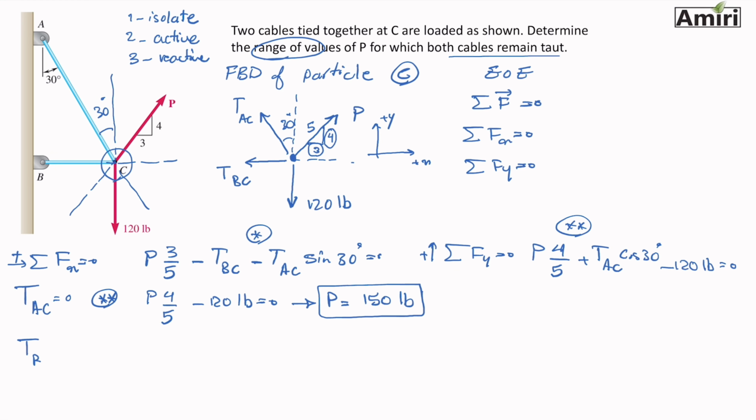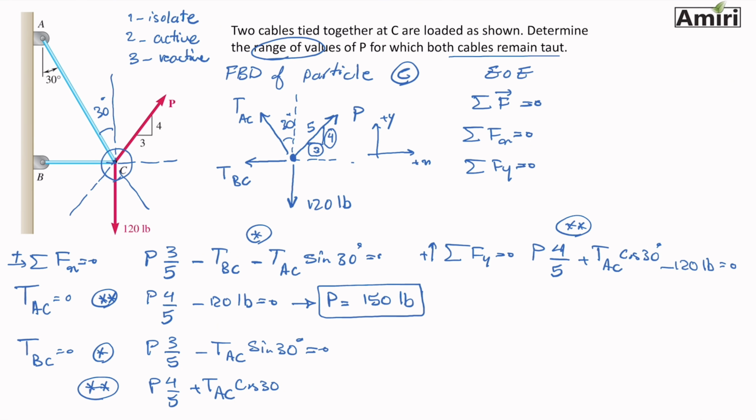Let's see what causes BC to be 0. Okay, BC being 0, from equation 1, I have P 3 over 5 minus TAC sine 30 is 0. I need my other equation also. Double star equation, P 4 over 5 plus TAC cosine 30 minus 120 pounds being 0.